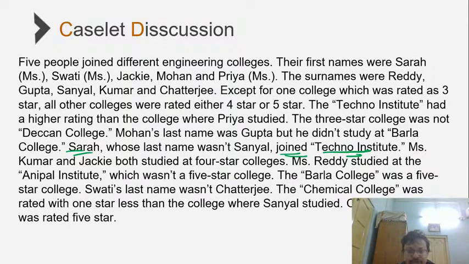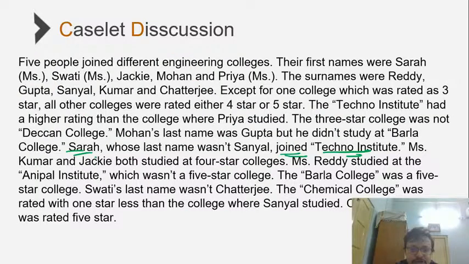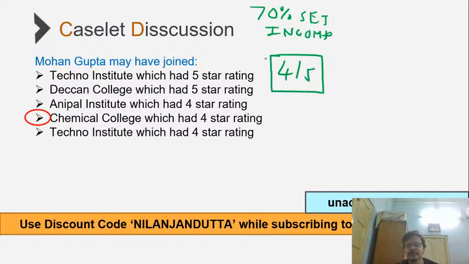When you look at direct clues for Techno and Chemical, it clearly says Sara joined Techno, which means Mohan Gupta did not join Techno. So the answer is option D, Chemical College is where Mohan Gupta joined, which had a 4-star rating. Note, I still have 70% of the set incomplete, but what I've done is 4 out of 5 questions have been answered correctly.